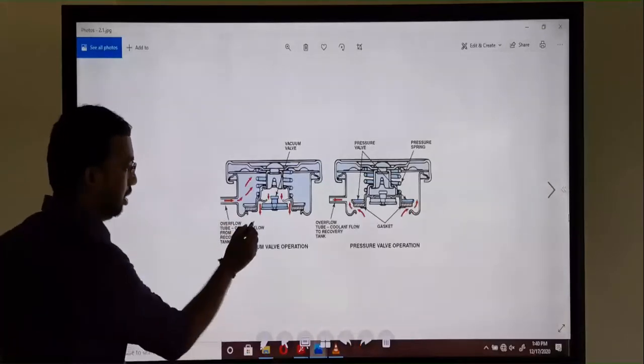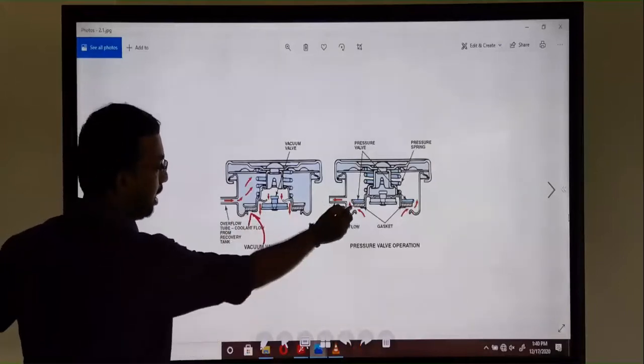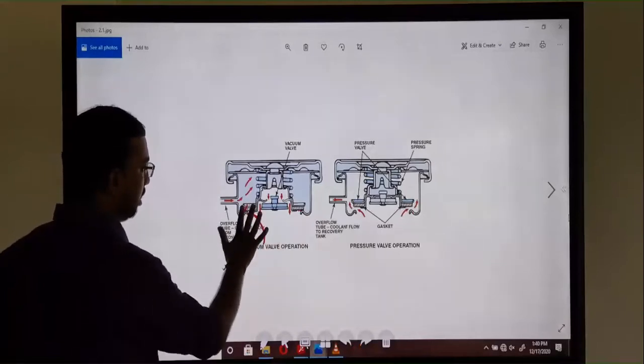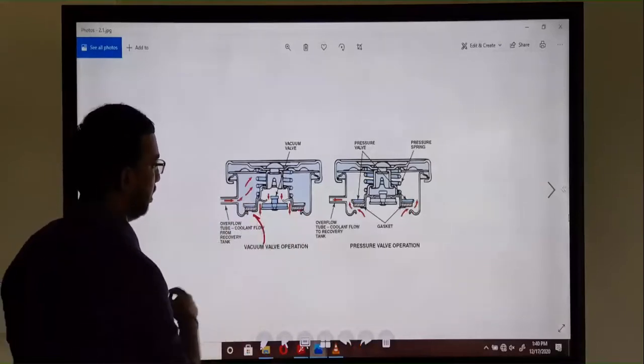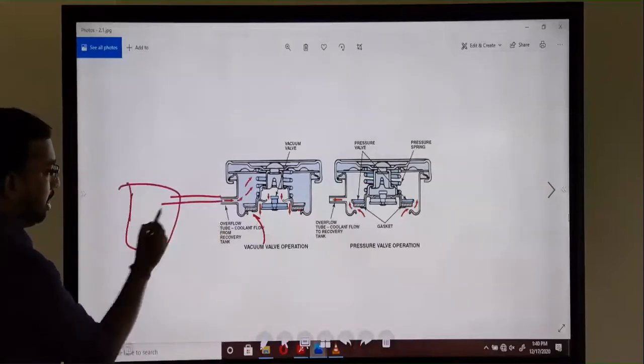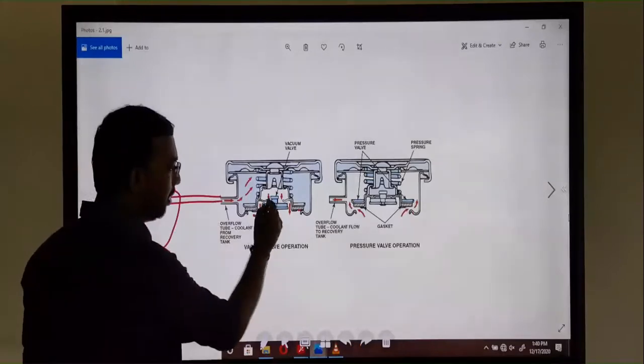Here you can see the fluid cannot move because there is no gap; these are closed. Now at low temperature, what will happen? There is a vacuum, a space here in this tank, and at that time only this part operates.